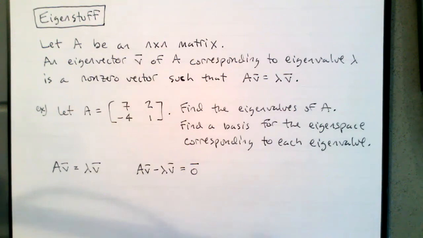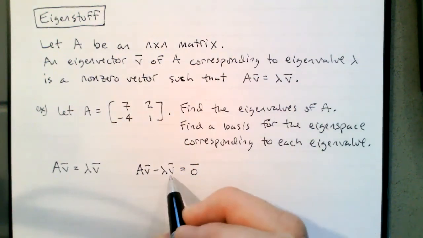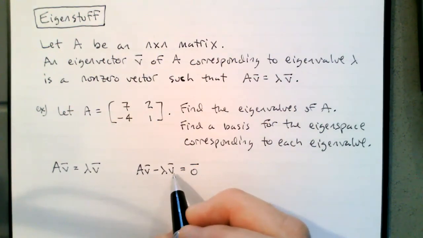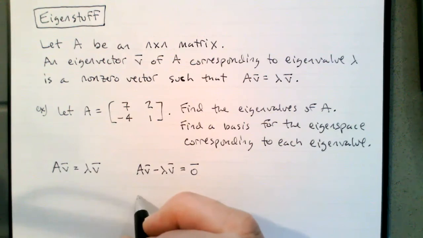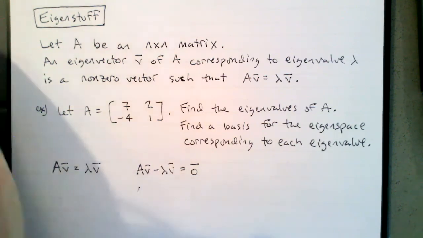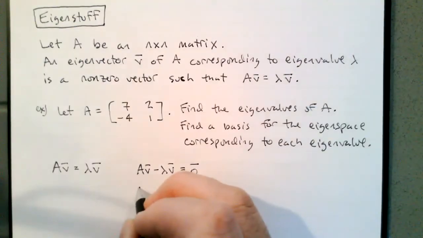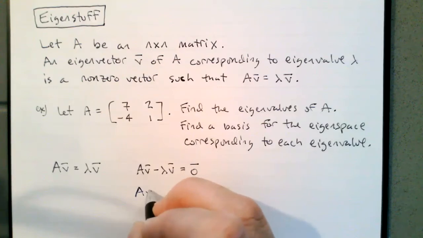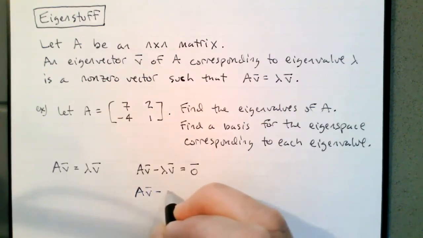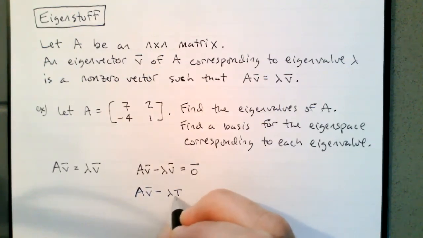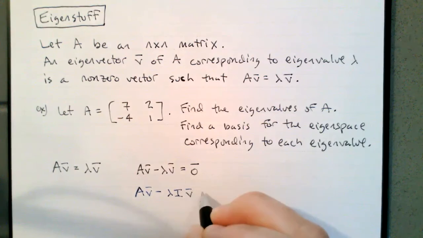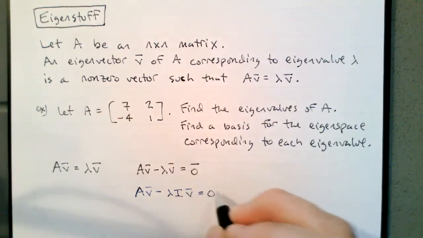So here's what we do. We cheat a little bit. I'm going to insert an identity matrix into lambda times V. So I'm going to say A times V minus lambda times the identity matrix times V is equal to 0.